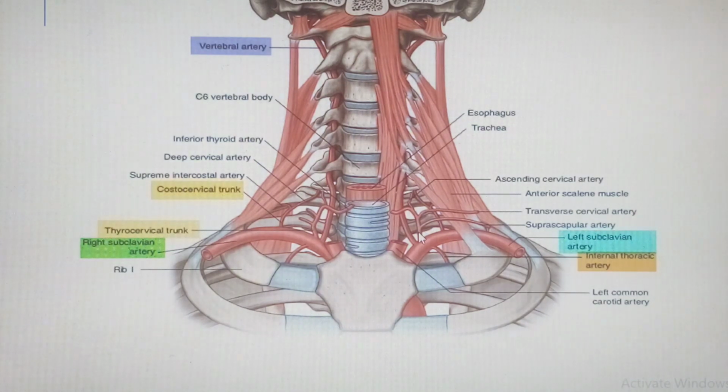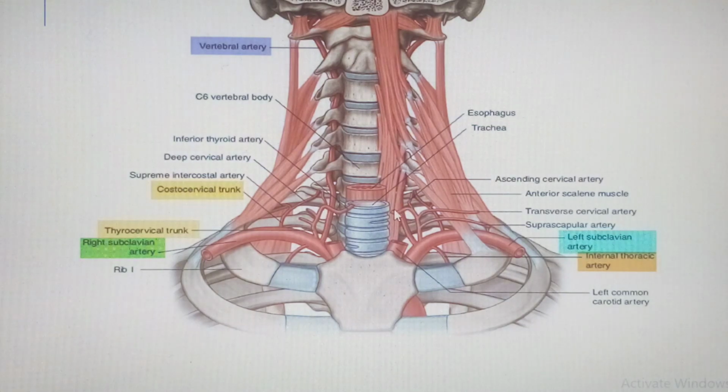Okay, thyrocervical trunk. And then the thyrocervical trunk will also give us some branches, for which I use the mnemonic SIT. SIT is for the suprascapular artery, and I for the inferior thyroid artery. So let's look at that one, the inferior thyroid.